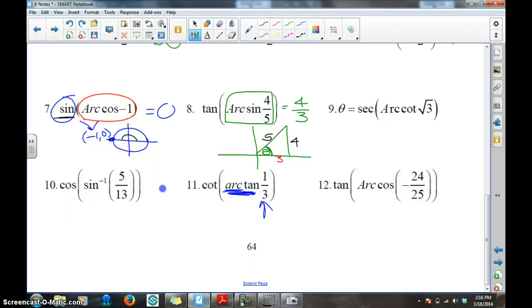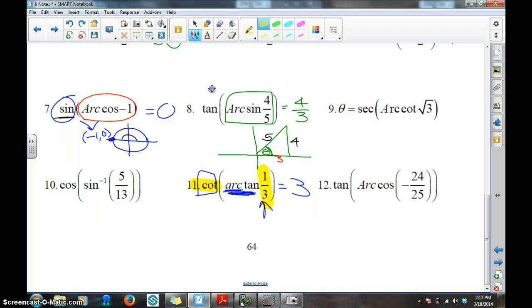So what would the cotangent of the same angle be? 3. Did I need to do any math there? All I needed to know was that this thing right here was an answer I was looking at, and they were asking me for the reciprocal answer. Do you see it? Okay, let's try another one.